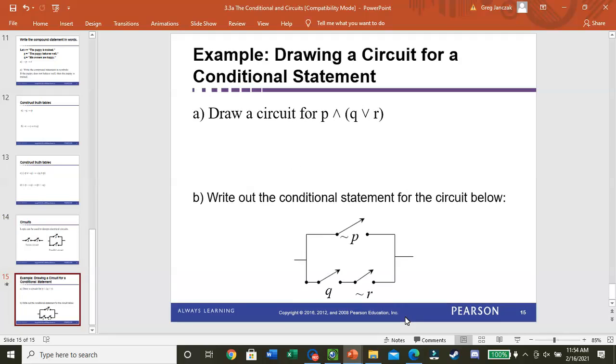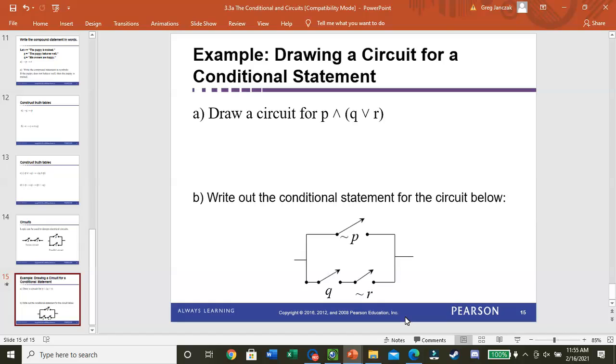All right, so let's put that on the board. P, Q, P and Q. P or Q. Okay?